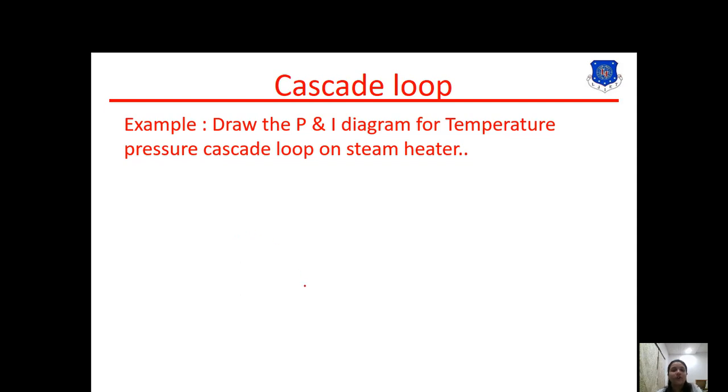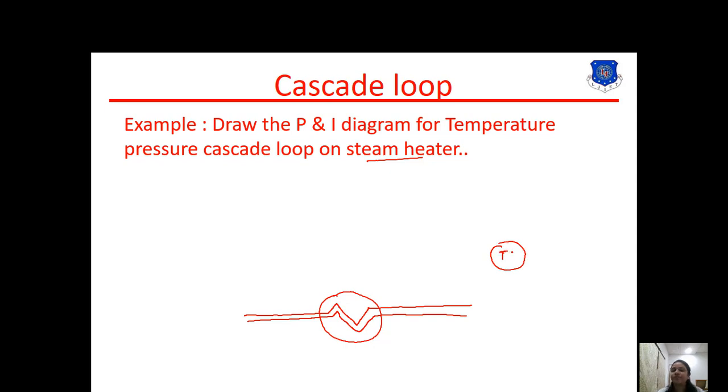So first of all we draw the P and I diagram for the steam heater system. First we draw the heater of the system. Now we have measured two variables. The first one is the temperature and the second one is the pressure. So first we put here the temperature transmitter, TT.